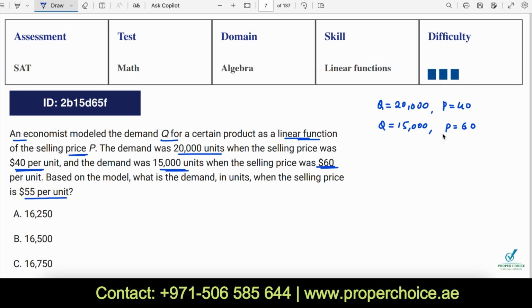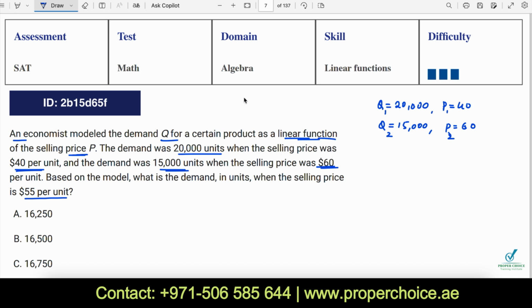So now by using this data, we have to create a function and equation. If I consider these as the initial values P1, Q1, P2, Q2, you can find the slope and the y-intercept. As they clearly said, it's a linear function.